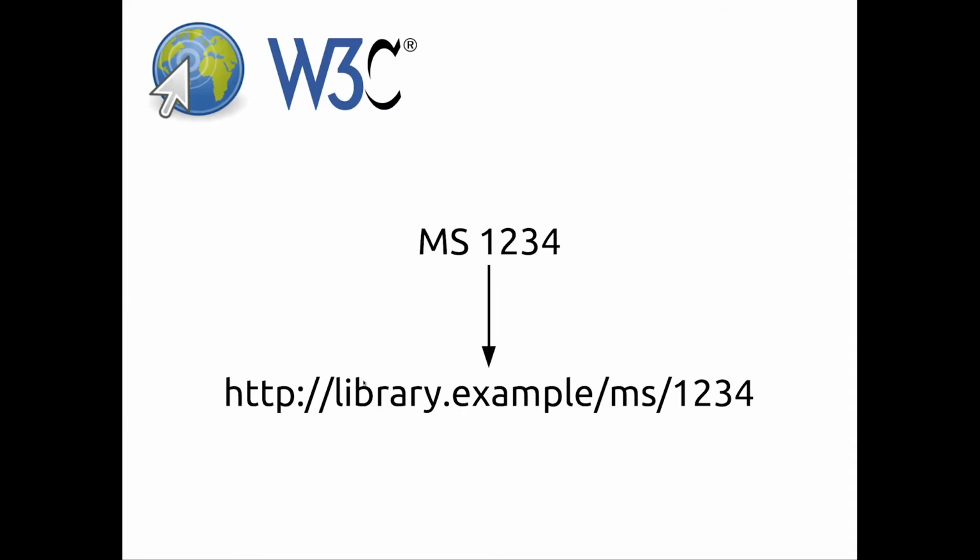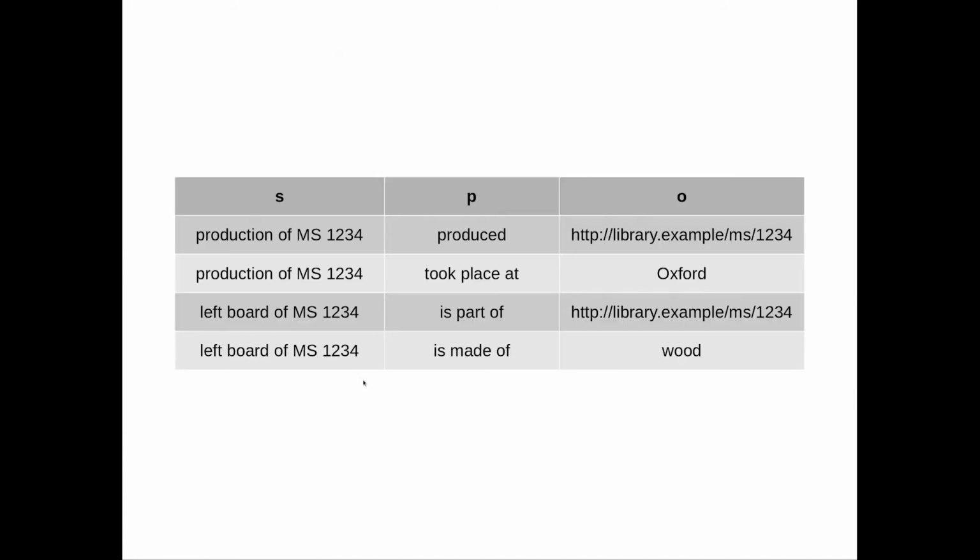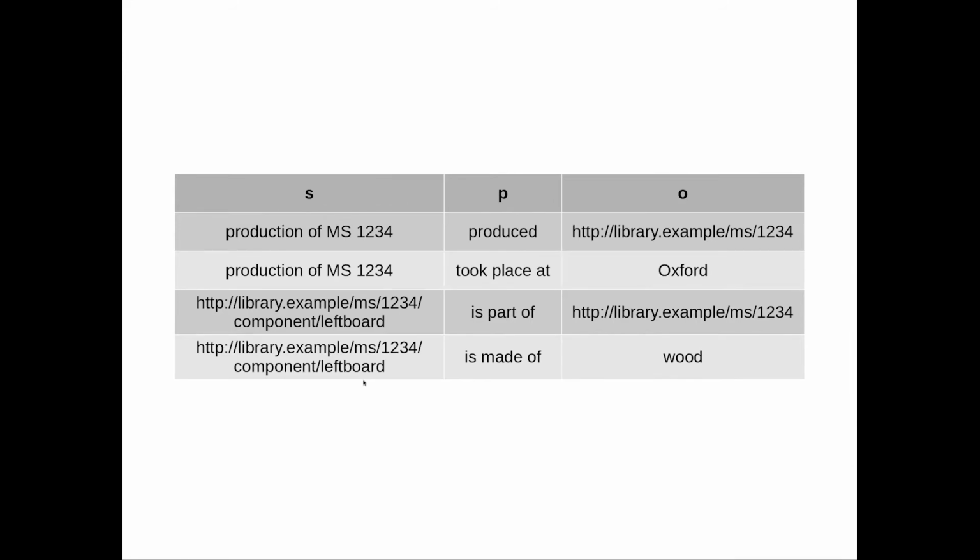I'm solving the global context here. So I can now replace the entries that I had for book in there with that web address. And I can do the same for the left board. This points me to a page that describes what the left board of that book is.